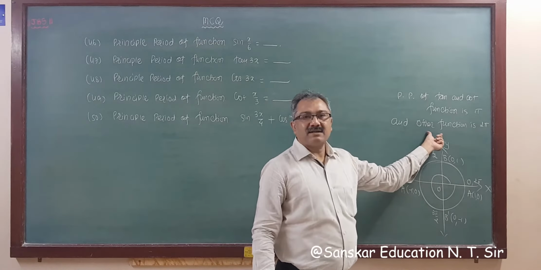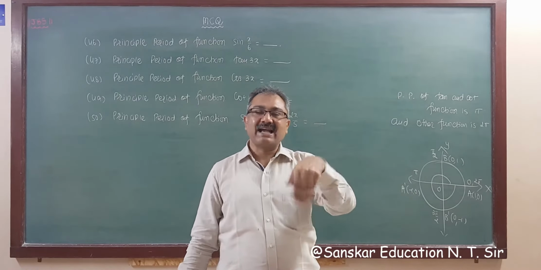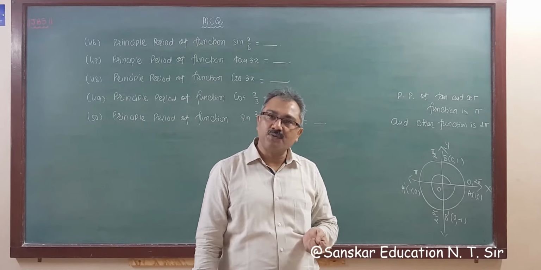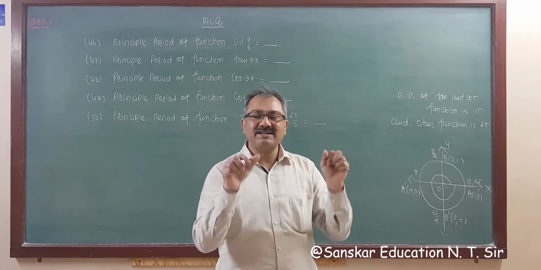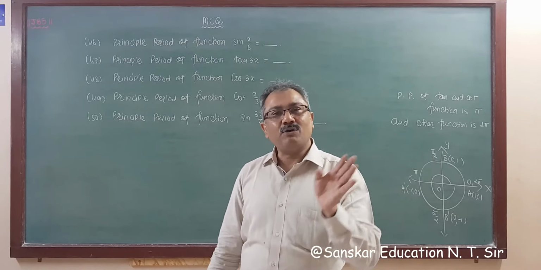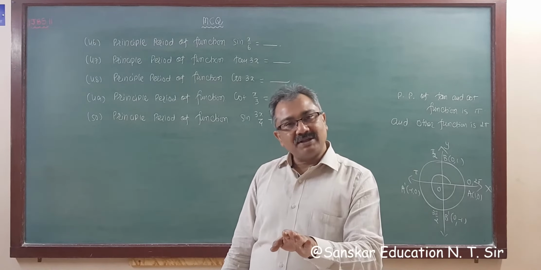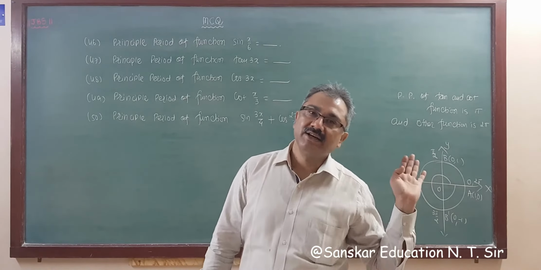Other functions means sine, cos, sec, cosec have a principal period 2 pi, and tan and cot have pi. That you have to remember. So only one simple sentence, right? Tan, cot principal period pi. Remember this thing. Other functions have 2 pi.